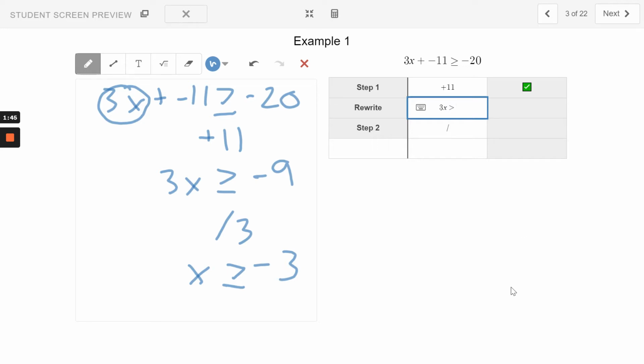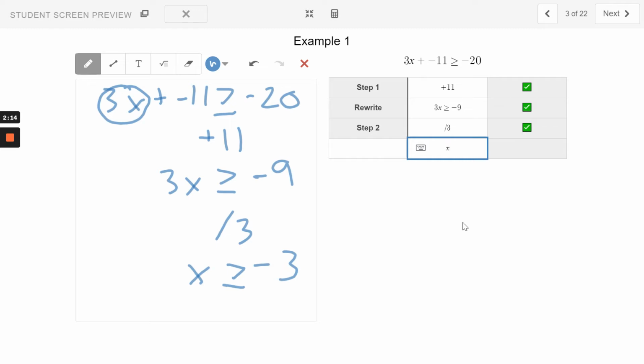It should pop up. To get the line underneath that represents or equal to, you'll also press the equal sign, and you should see a line come underneath. And we would put negative 9. We divide by 3, and we get x is greater than or equal to negative 3.